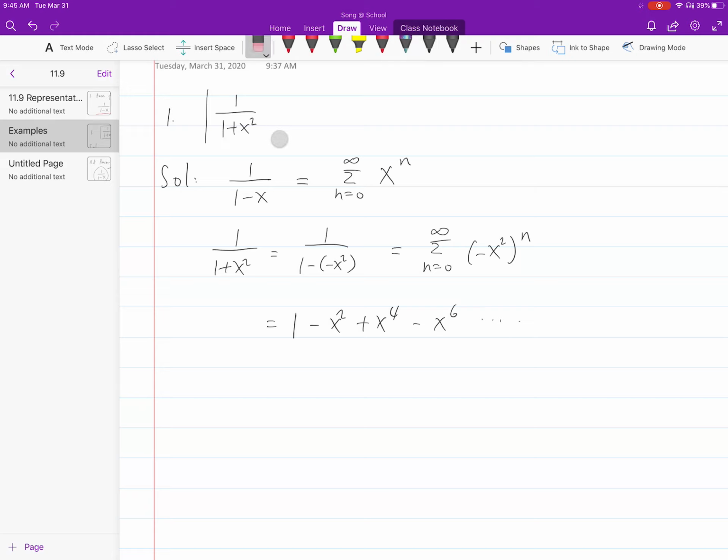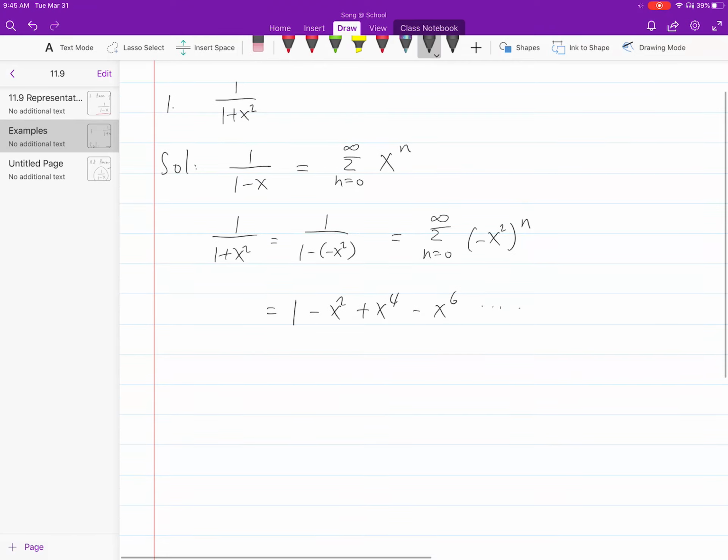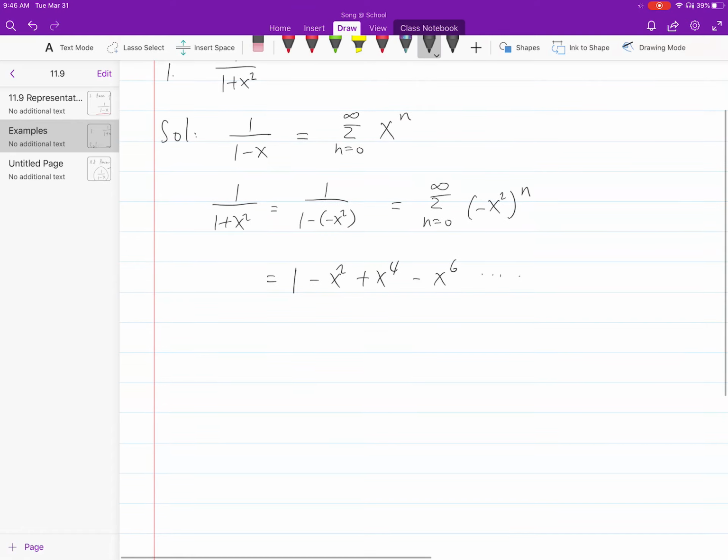So basically what you do is you try to find a formula which is similar to this, and then you just substitute what you need. That gives us some restrictions. That means the thing we're trying to do must look somehow similar to what we already know.